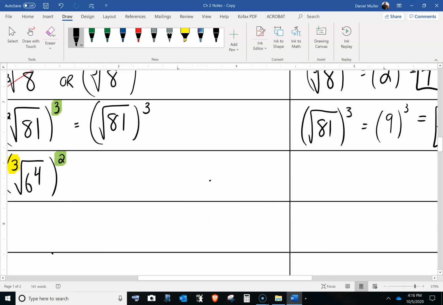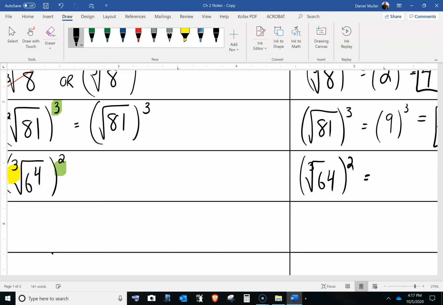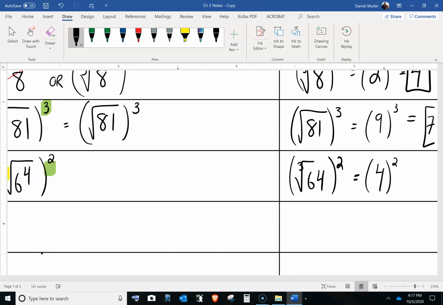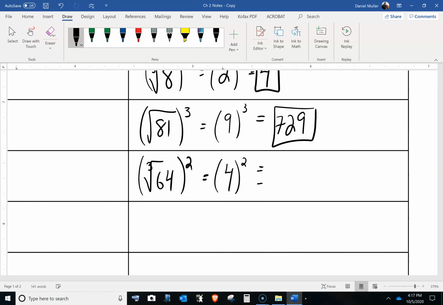So I know that the cube root of 64 is going to be 4, and that's something you'll probably know as well if you do any amount of homework. So the cube root of 64, we do that first, and it's just a 4, and then we can square it. And 4 squared is 16.